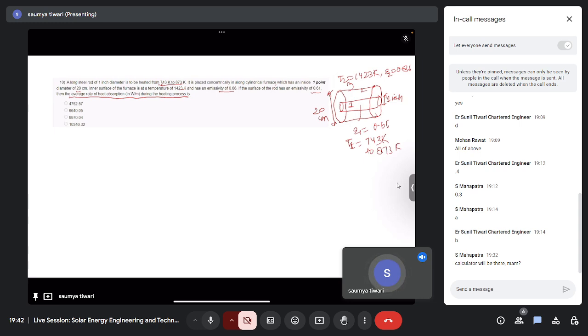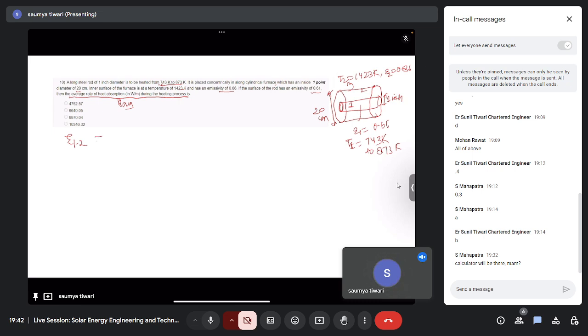It's been asked the average rate of heat absorption during the heating process. So what we first need to calculate is the view factor from 1 to 2. We are talking about heating of the rod.